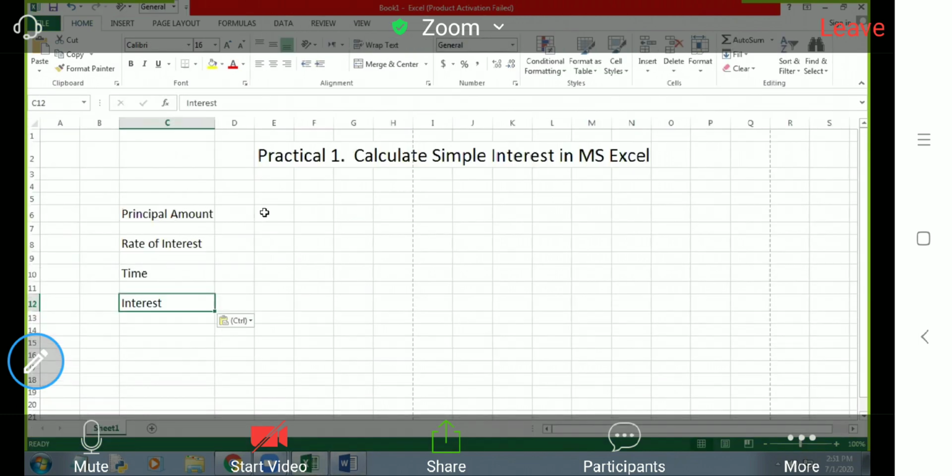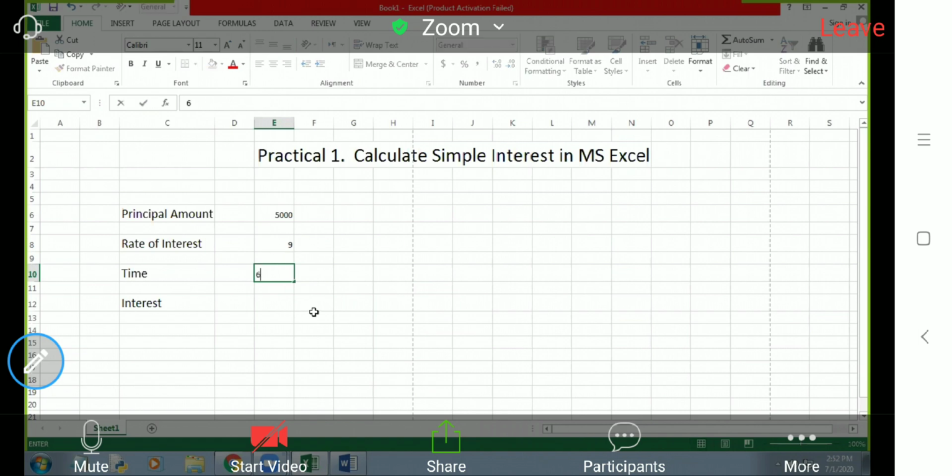Now suppose the principal amount is, for example, 5,000. This is the principal amount, 5,000, and the yearly rate of interest is 9%. And suppose this amount is given for a time of 6 years.